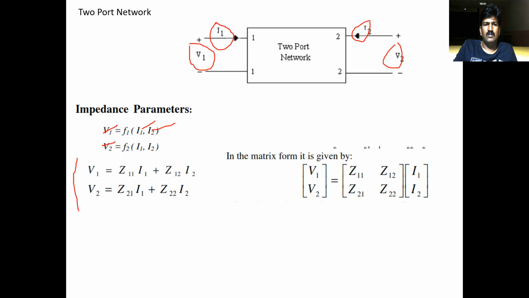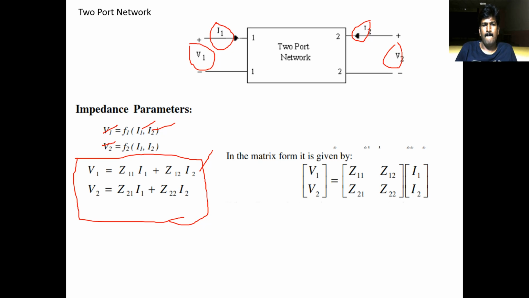Mathematically you can write the equations. V1 is equal to Z11 I1 plus Z12 I2. V2 is equal to Z21 I1 plus Z22 I2.